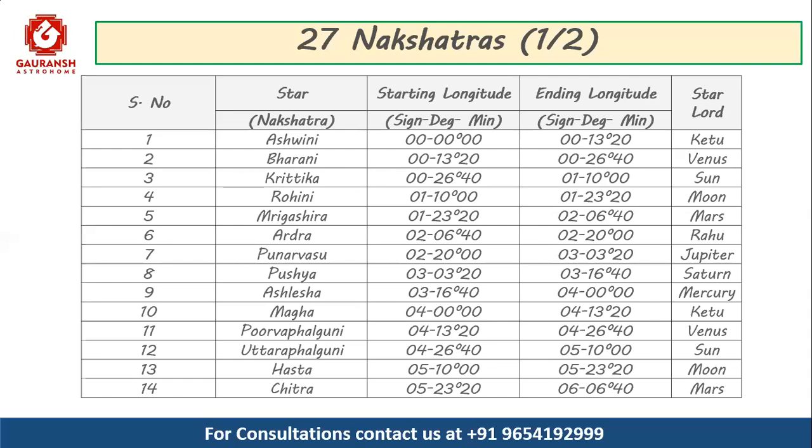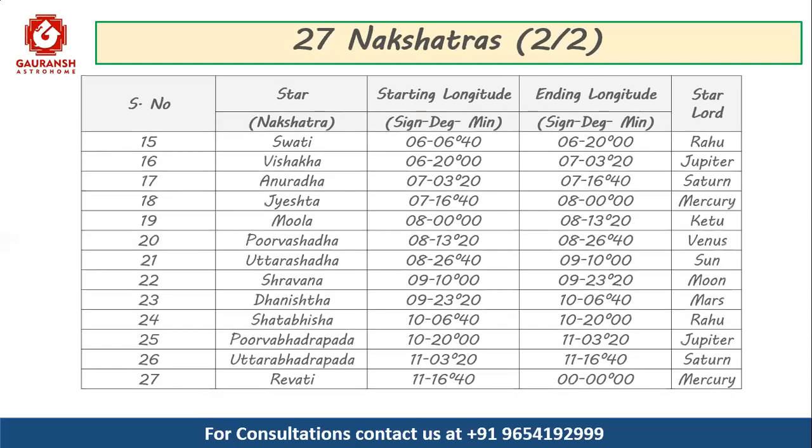This is the sequence which we follow here in the nakshatra ownerships. The next nakshatras are Swati, which is ruled by Rahu, Vishakha, Jupiter, Anuradha, Saturn, Jyeshtha, Mercury.